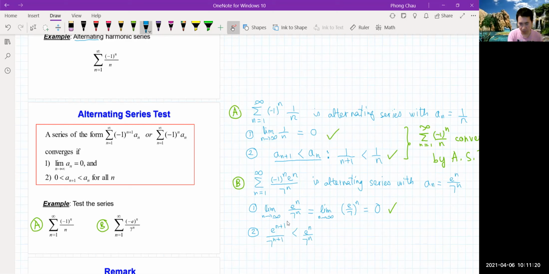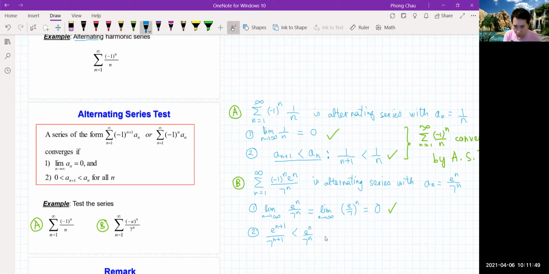Well, the numerator on the right is smaller than the numerator on the left, because of the bigger exponent. So although the denominator here is larger, which makes the fraction smaller, the numerator is bigger. So I cannot tell from here.